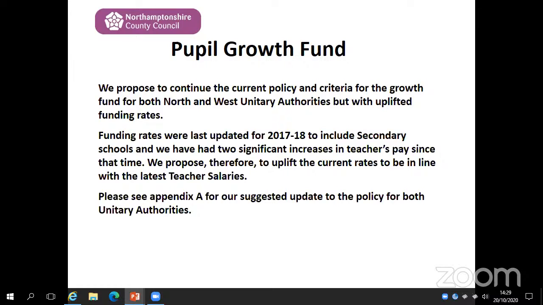The funding rates were last updated in the 2017-2018 academic year, and we're also proposing to increase these in line with the two significant increases in teachers' pay that have occurred since that point. And Appendix A, which we'll come on to later, gives specific details of that. If you could flick onto the next one for us, Beth.